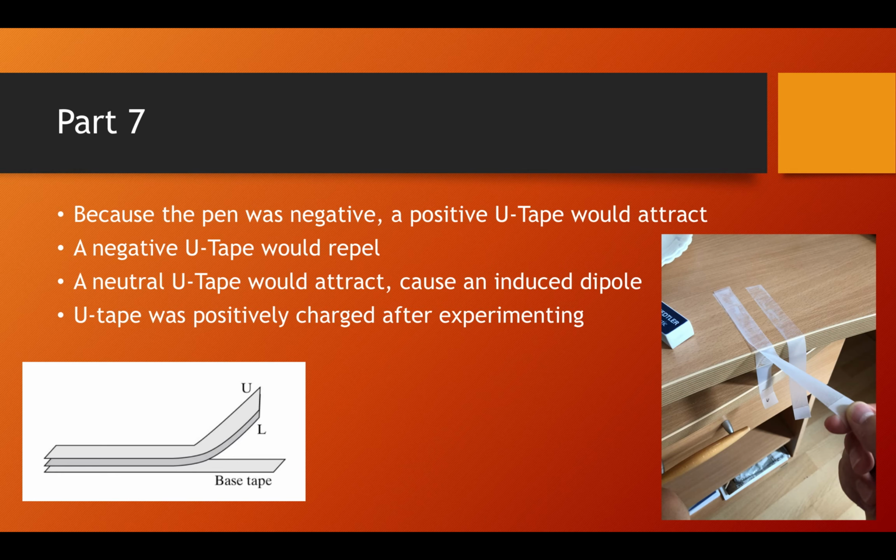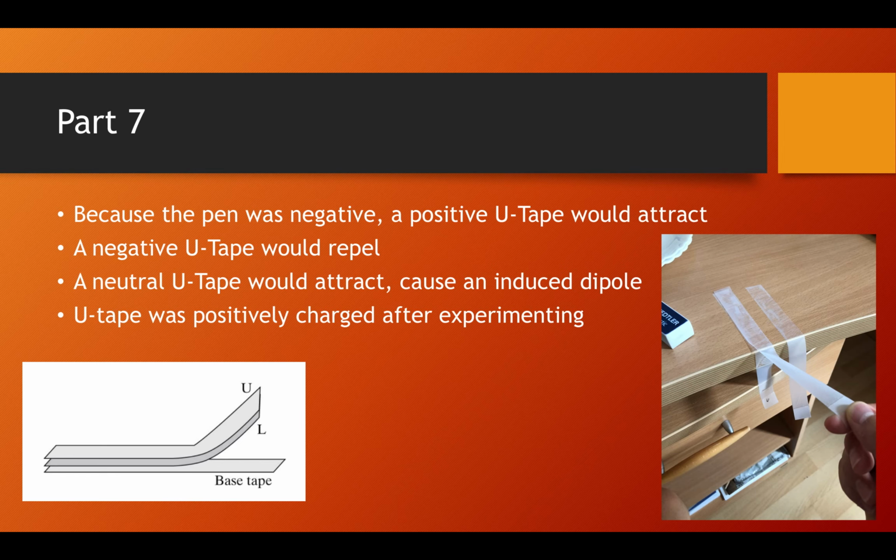And the third question was, if it was a neutral tape instead, what would happen? It would attract, because when it's neutral, it doesn't matter if the other charge is positive or negative. It always attracts to a neutral, and this also causes an induced dipole.